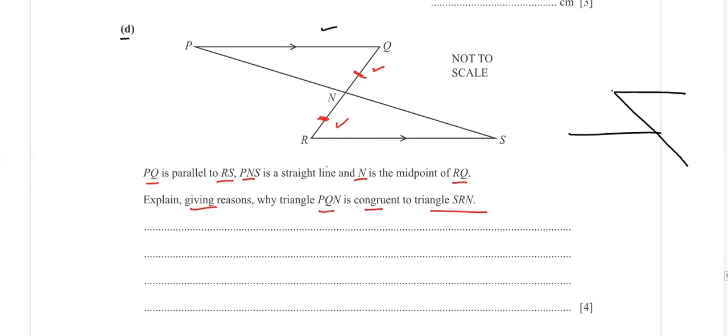So first of all, for congruence, look, this angle will be equal to this angle, because I can say, first reason, angle RNS is equal to angle QNP.